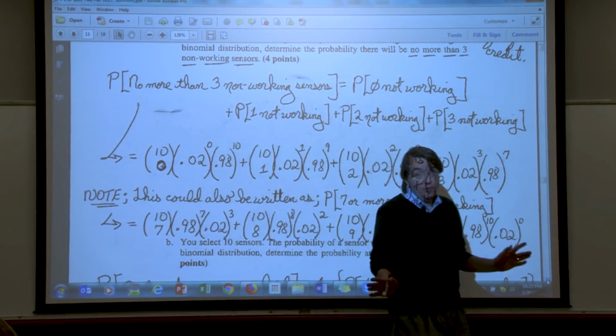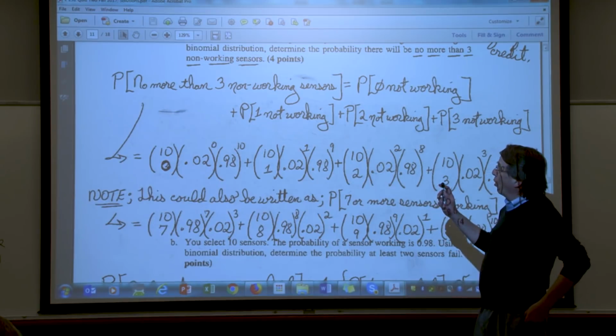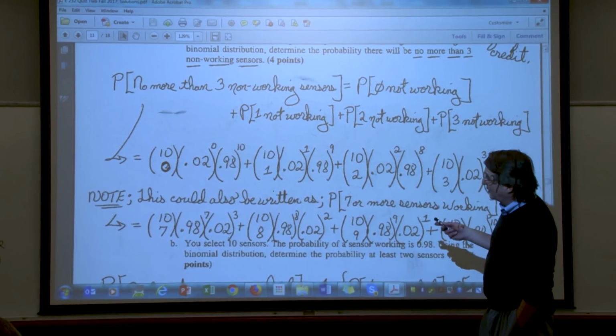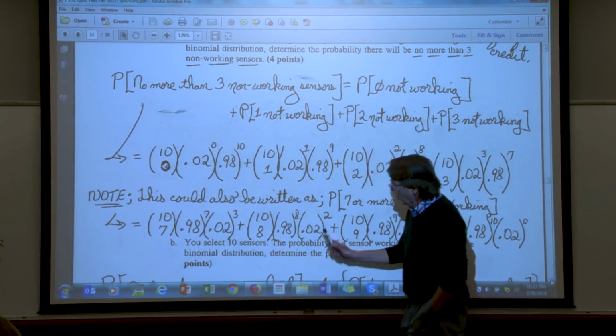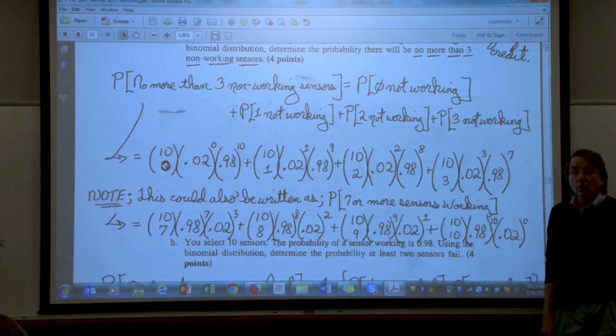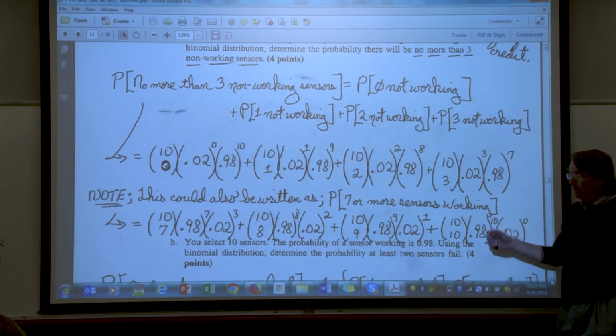Now, some of you may not see this. That's okay. But when we say no more than 3 non-working sensors, that's the same as saying if I have 10 sensors, I got 7 or 8 or 9 or 10 working. So you got full credit either way.